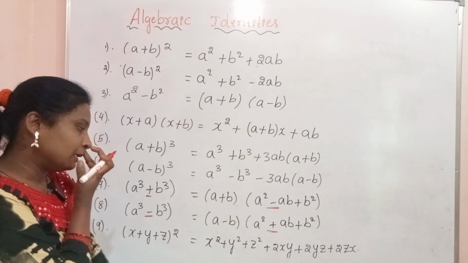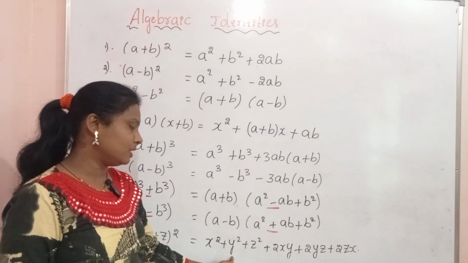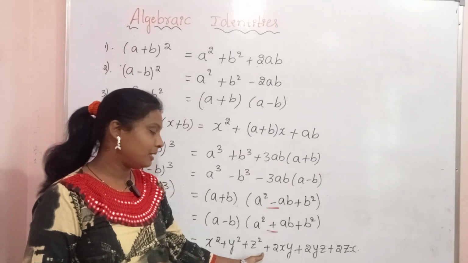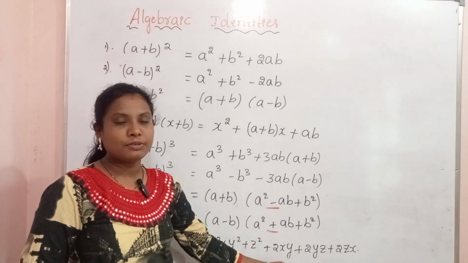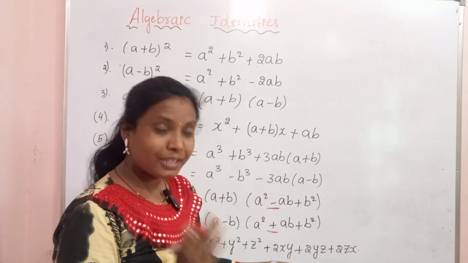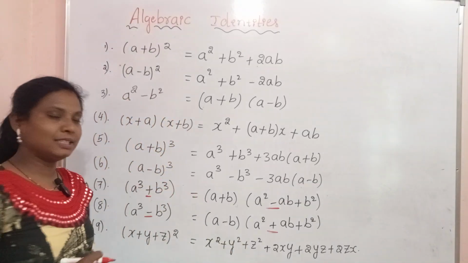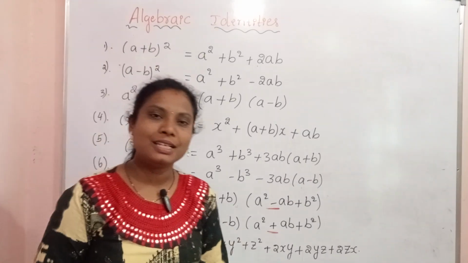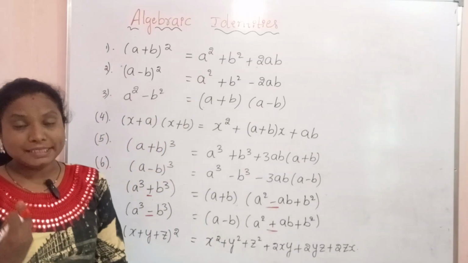It is a continuity. You can observe here x square plus y square plus z square plus 2xy, xy after yz, yz after zx. It's very simple. This is the way you have to remember the algebraic identities easily.